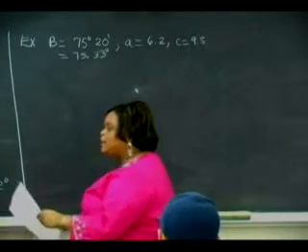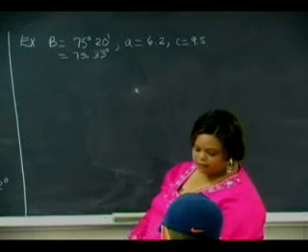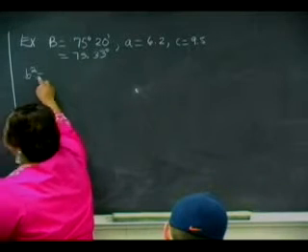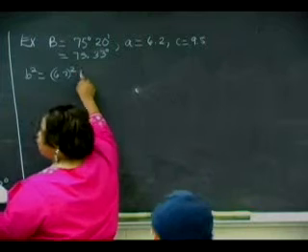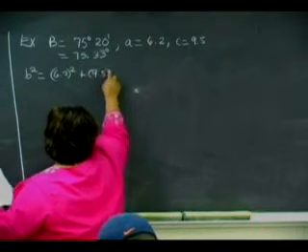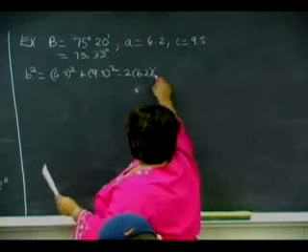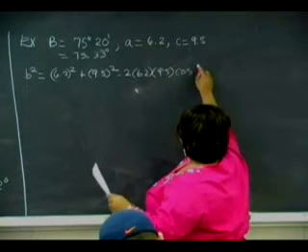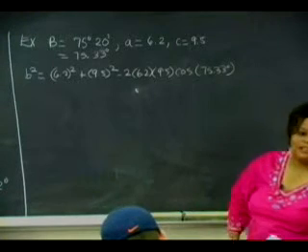I know little a and little c. I can use law of cosines over there to find what? Little b, can I not? B squared is, by that formula, a squared plus c squared minus 2 times a times c times cosine 75.33 degrees.